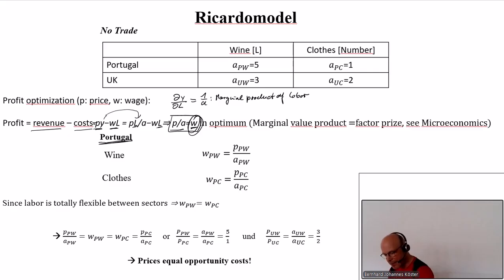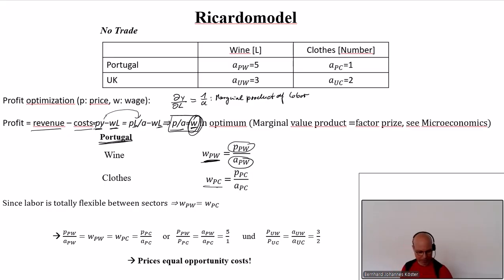Then we have that the wage paid in Portugal in the wine sector is just equal to the price of wine over the labor coefficient of wine. And the same is true in the clothes sector.